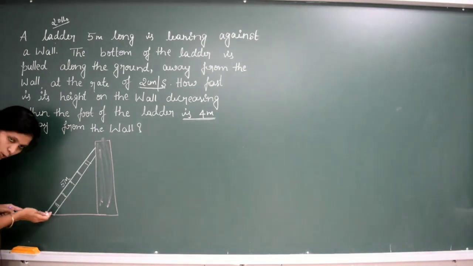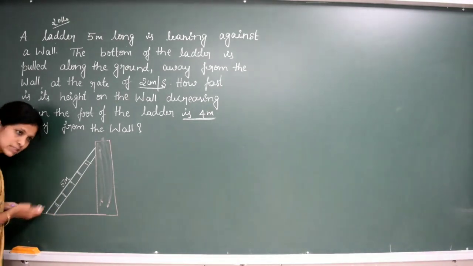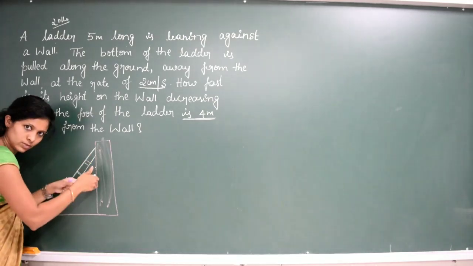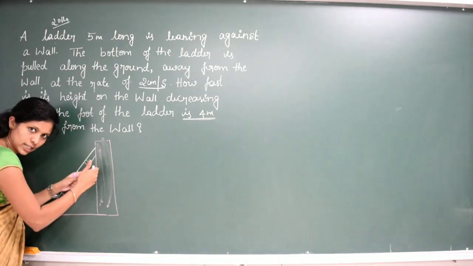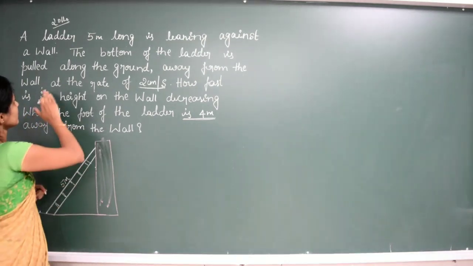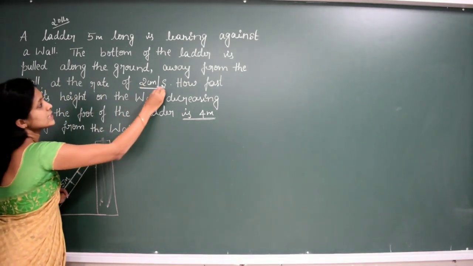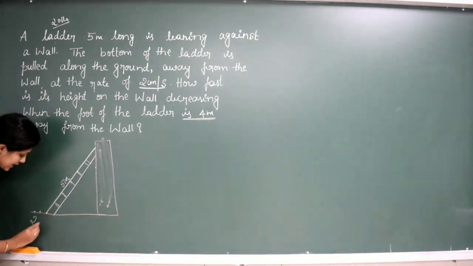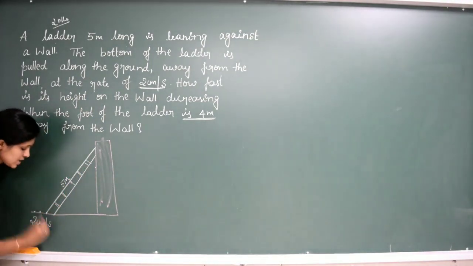Obviously the top of the ladder will be somewhere here, right? It has to come down, right? So this is now the top of the ladder and this will be the bottom of the ladder, and one more thing is given: it is pulled along the ground at the rate of 2 centimeter per second.